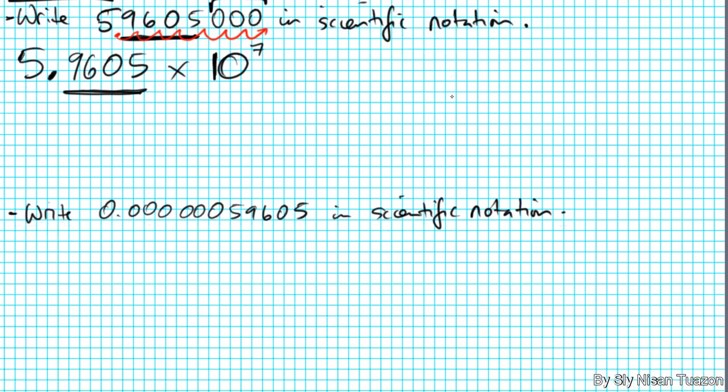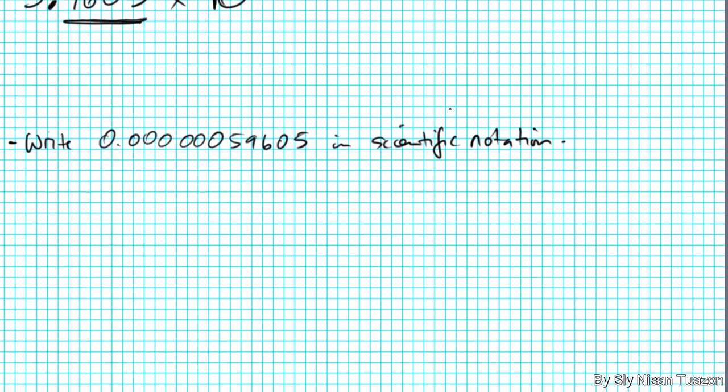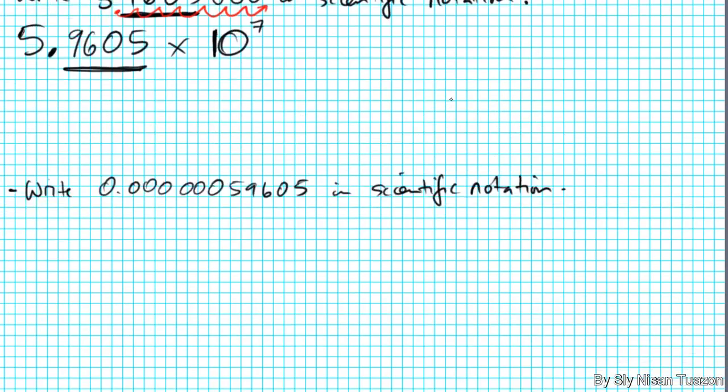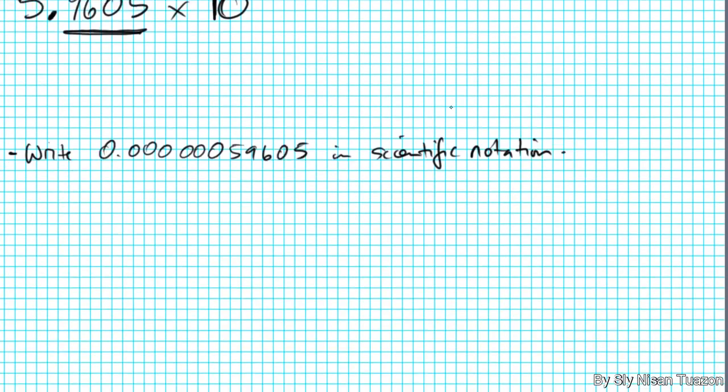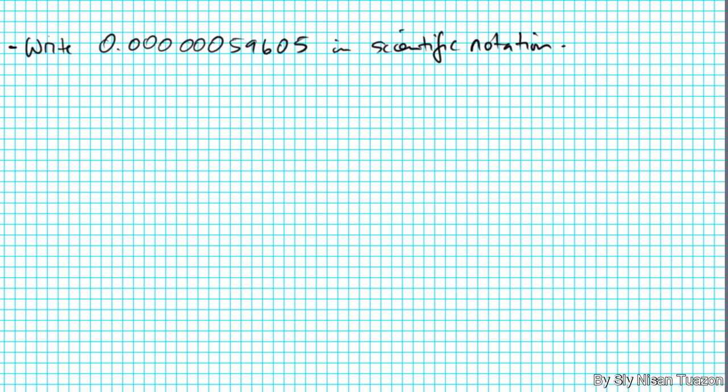It goes into negative powers of 10 when you are going the other way, for extremely small numbers. That was a big number, so you have a positive power of 10. Here, it's going to be a negative power of 10. You'll see there's a whole bunch of zeros that are just holding places. They're not giving any information. The only information is how I'm going to represent this 59605.